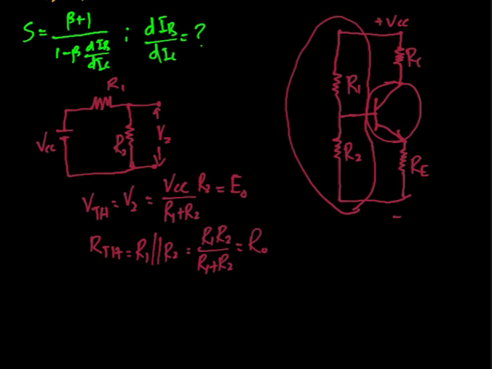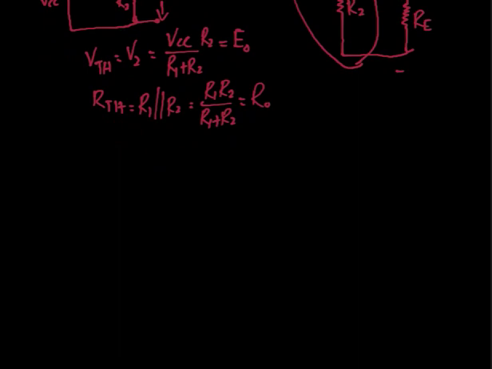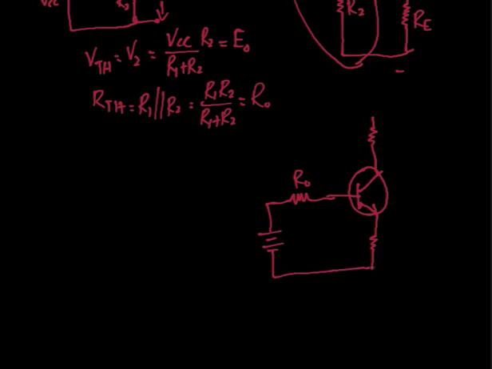redrawn using the Thevenin equivalent of the input portion. We will have a circuit like this. The resistance RC is here, RE is here, and we have an input resistance R0 and a voltage source V0.